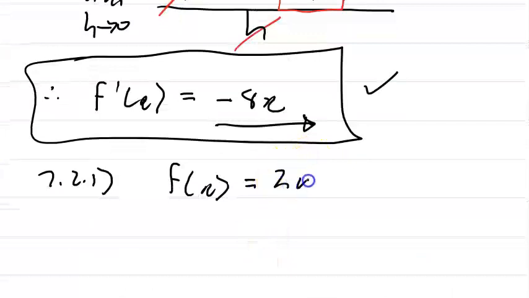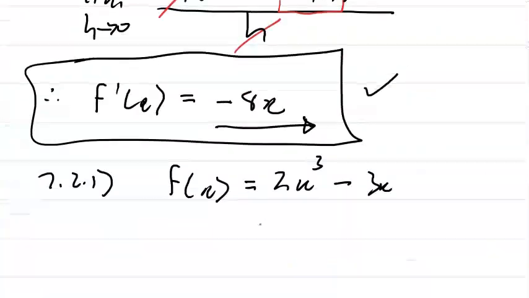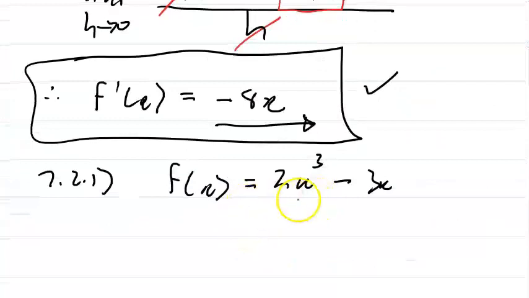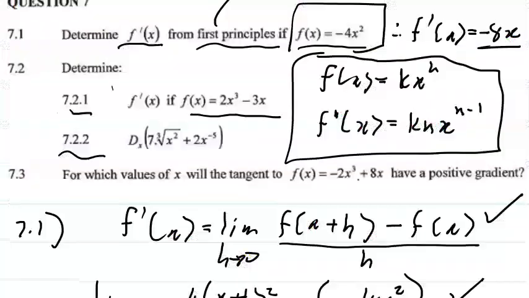You've got 2x cubed minus 3x, and that's our question. So you can see now that it is in the form of kx to the n. So that's one of the things now that we must make sure of: when you are finding the derivative using the rule, each term has to be in terms of kx to the n.